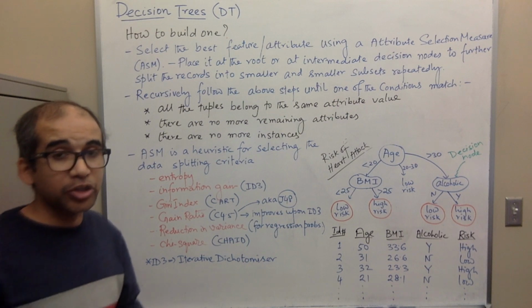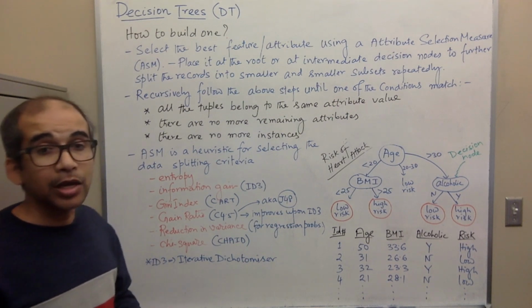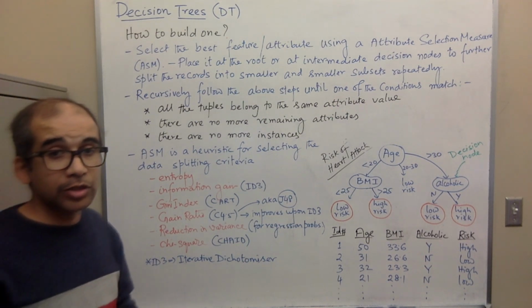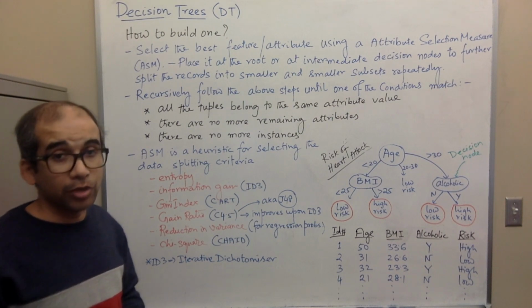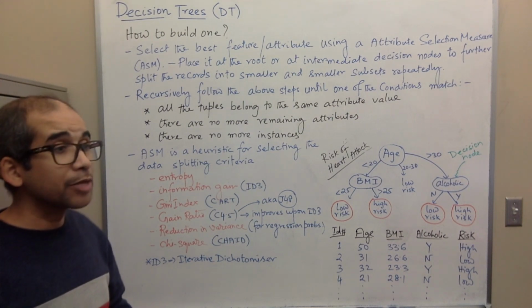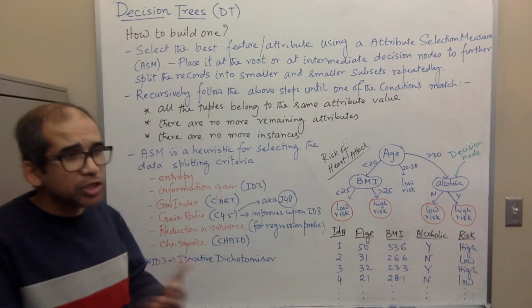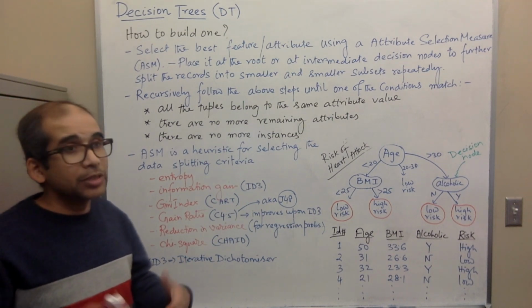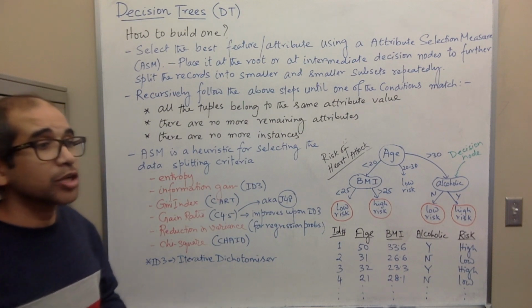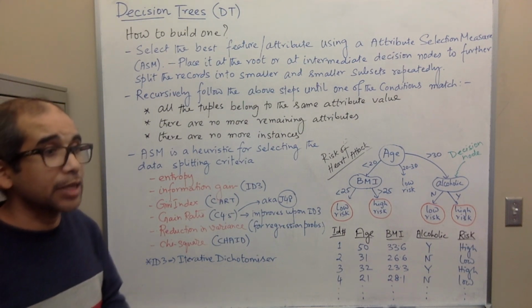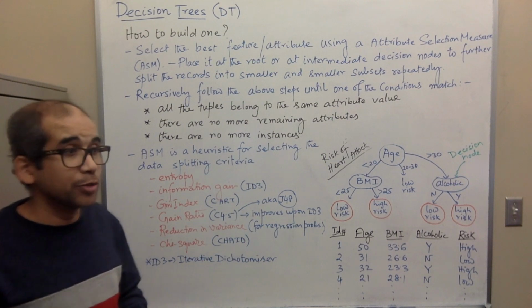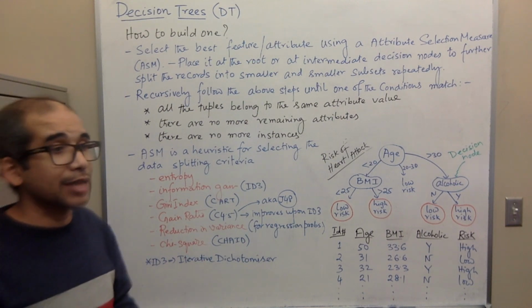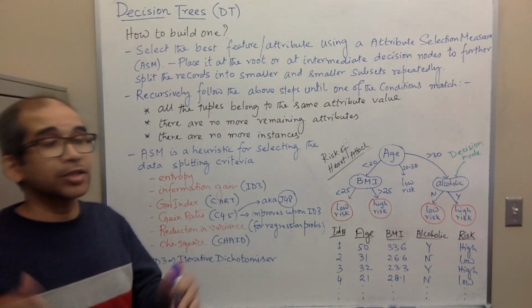Now, what is the information gain? Information gain is used by the ID3 algorithm. ID3 is the iterative dichotomizer algorithm, and information gain is intuitively opposite to entropy. Entropy is the measure of randomness. Information gain is a statistical property that measures how well a given attribute separates the training examples according to their target classification.